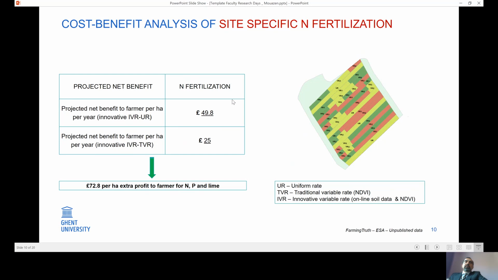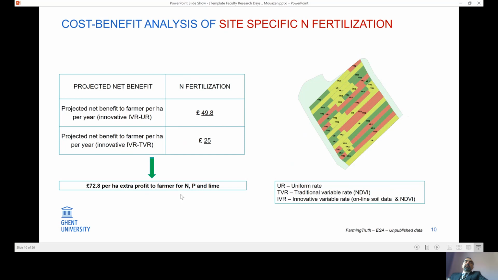Results showed, and that is the field was in the UK, that an extra net profit to the farmer of about 50 sterling, UK sterling, can be obtained compared to a uniform rate, while only 25 sterling can be net profit to the farmer compared to the traditional variable rate application.